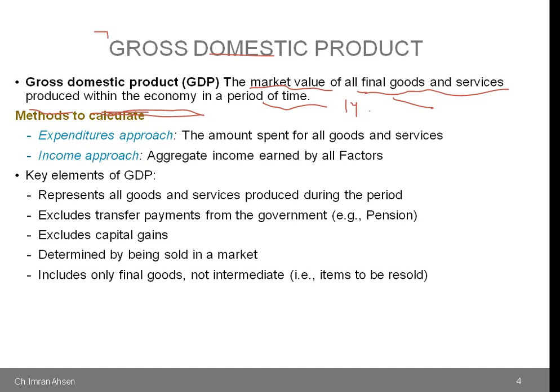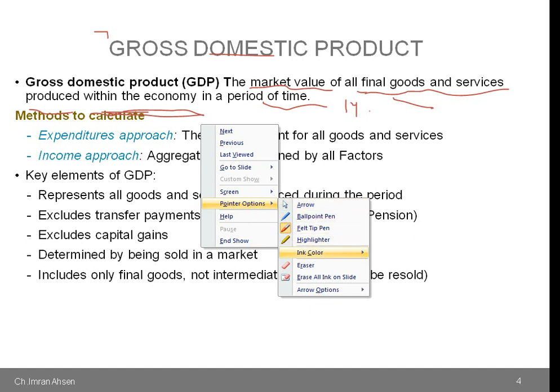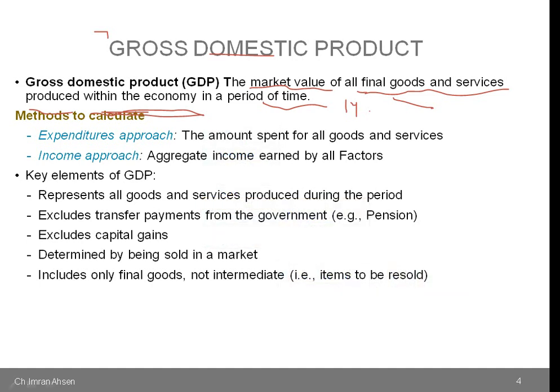Expenditure approach. We calculate the gross domestic product with these two methods, and actually we come up with the same figure. The first one is the expenditure approach: the amount spent on all goods and services.